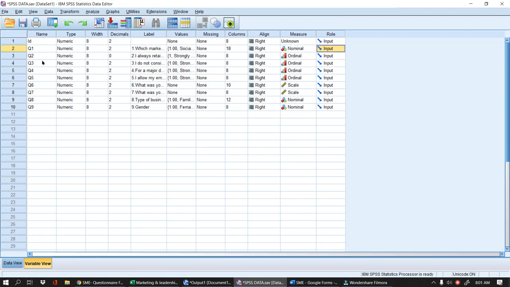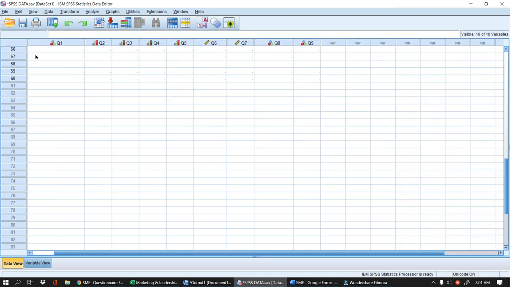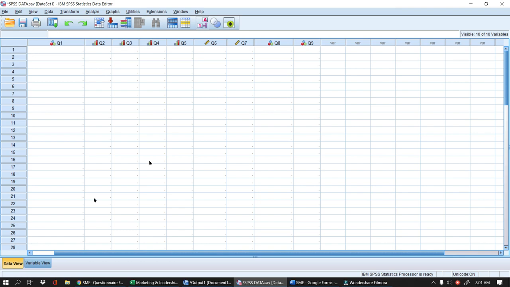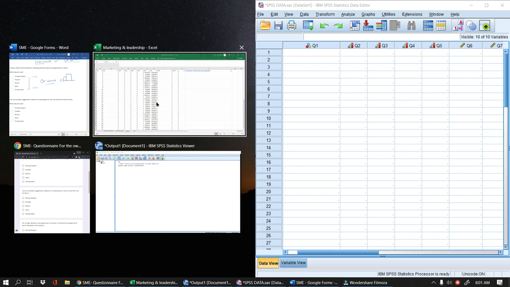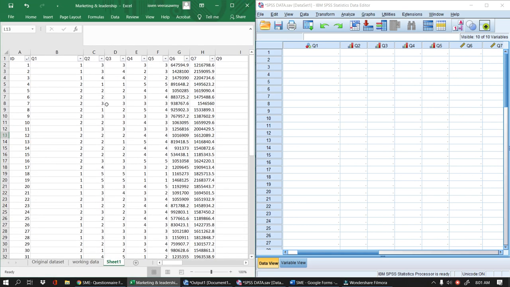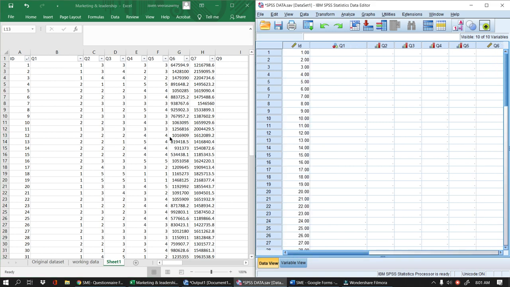So this is a completed variable view where you will have all your variables, all the codings, all the measurements. Now you just need to insert the data in your SPSS file. You just need to take your Excel file where you have completed the coding, and do not forget to include the ID.